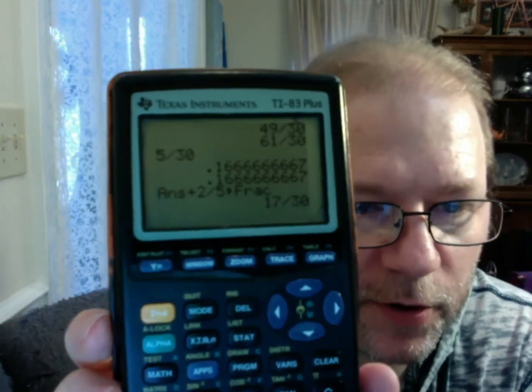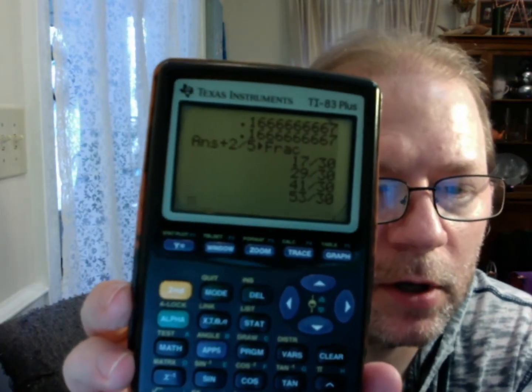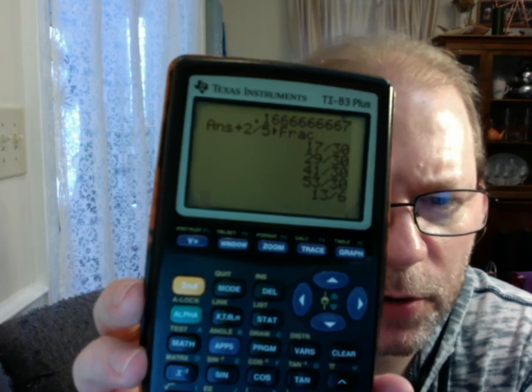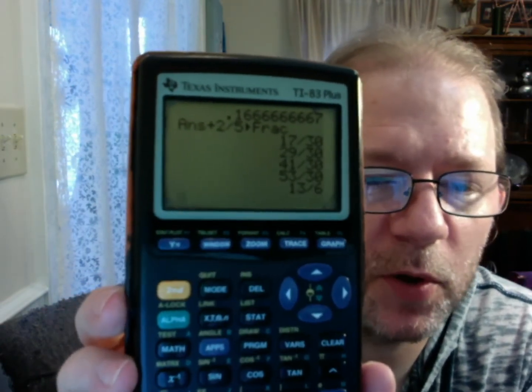So 17 over 30, 29, 41, 53. And that's going to be the last one because the next one is 13 over 6, and that's bigger than 2. Remember, these are coefficients, and we only want to go up to 2.